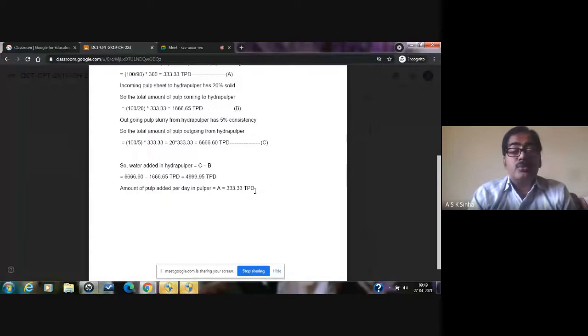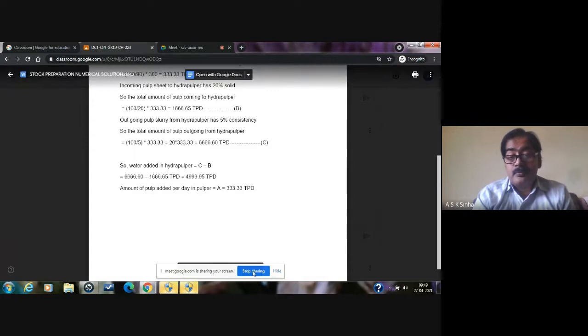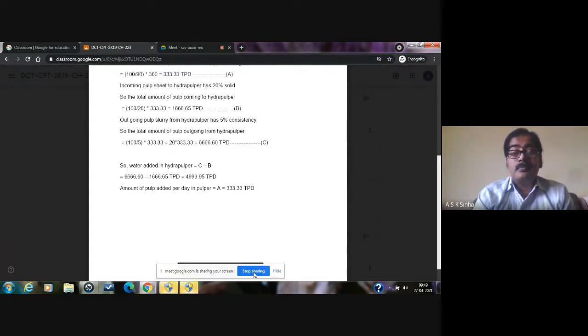And that's why the paper industry is considered to be a highly water intensive or water consuming industry. The amount of pulp added per day in the pulper will be 333.33 tons per day. This is directly coming from A. You already calculated the amount of total solid, and this is based on the production rate and the retention percentage.